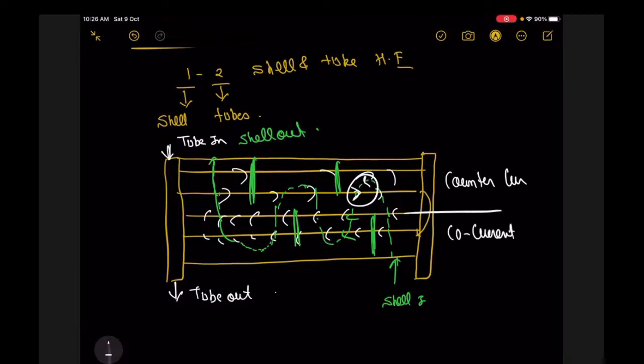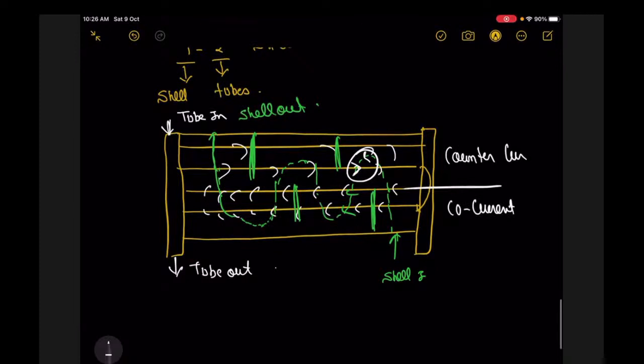It means that if we go from single pass to multi-pass, the effect of LMTD will reduce because half of the heat exchanger is behaving like a counter current and half it is behaving as a co-current.